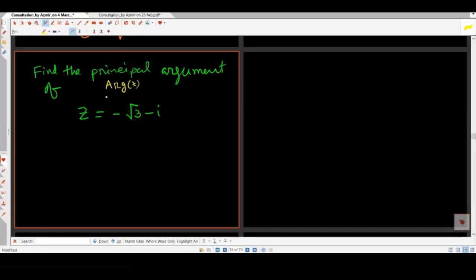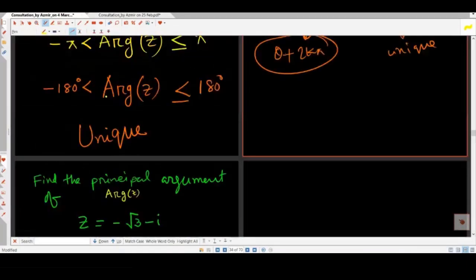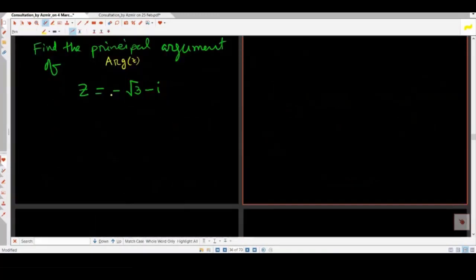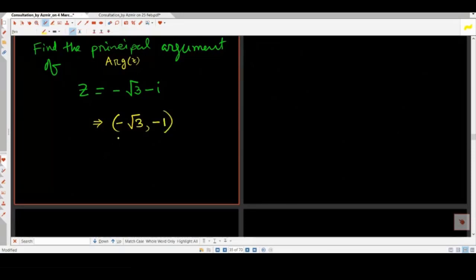The principal argument actually comes from this argument. Since this argument takes a lot of values, out of all these values, one value is known as the principal argument. We have z equals negative root 3, negative i. This can be thought of as a point, that is negative root 3, negative 1.